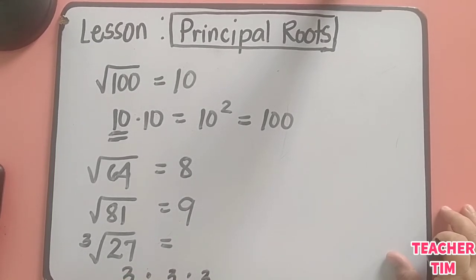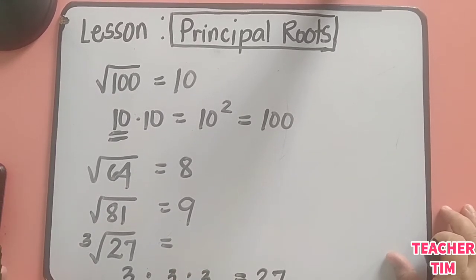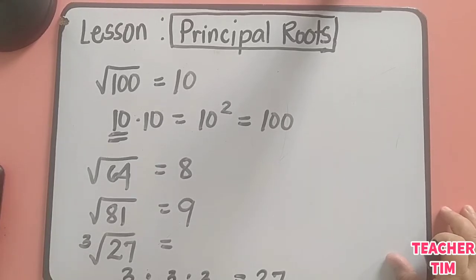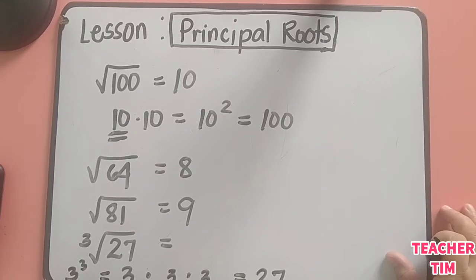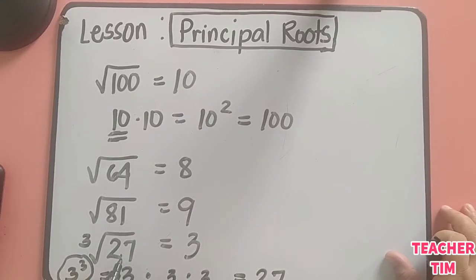We have 3 times 3, that is 9, times 3, equivalent to 27. So, in the power of 3, this is 3 cubed. So the base here is the principal root, which is 3. So, the cube root of 27 is 3.